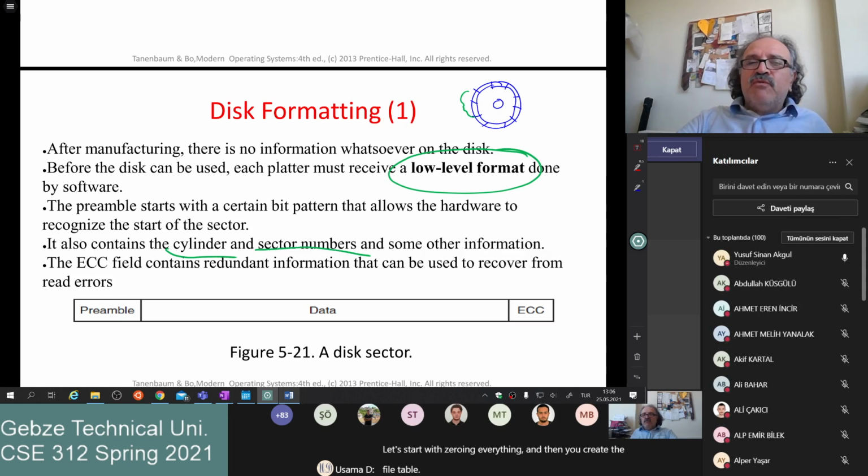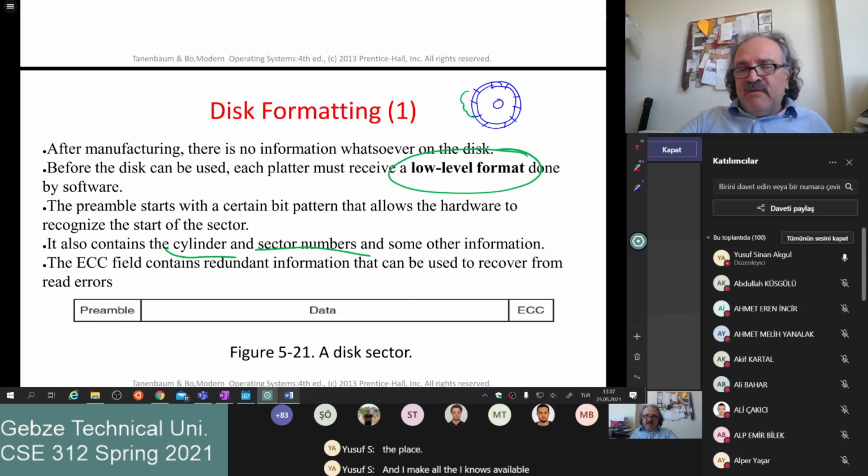So instead, the quick format means that your root sector is going to be formatted to reflect your changes. If you are using the inode structure, there is a root inode. I create that root inode, I put it in place, and I make all the inodes and blocks available, and the rest of the disk is left like that.